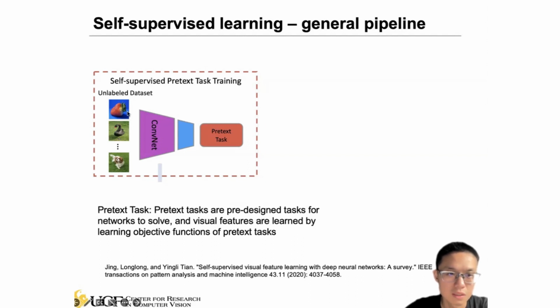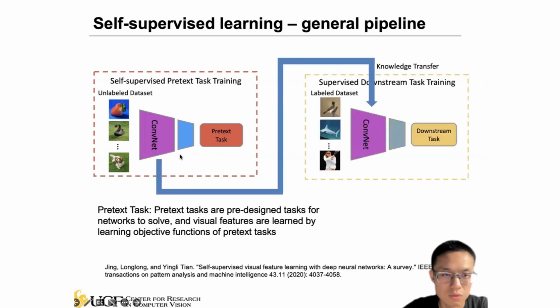We feed this unlabeled data, here we are talking about images, and we feed these images into this classic CNN network. We extract some features, and we do this prediction, for example, the rotated angle, right? So we have the pseudo labels. We can define an objective function, right? We can compute the loss and optimize the network. So this network is able to learn some meaningful representation from the data.